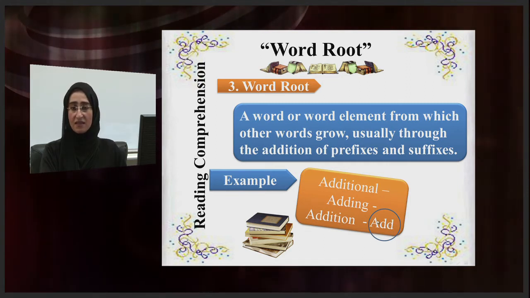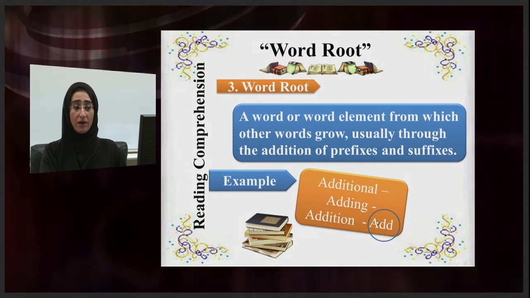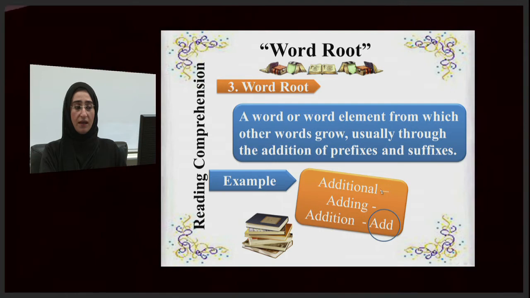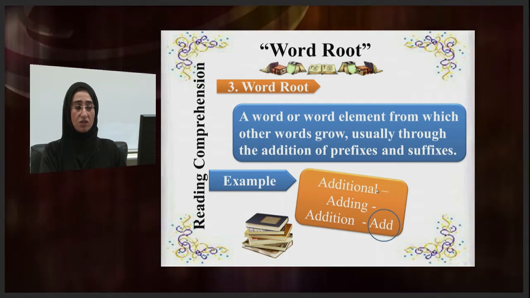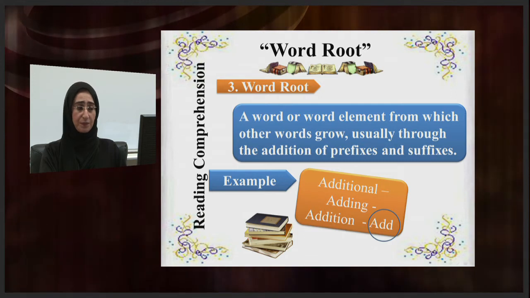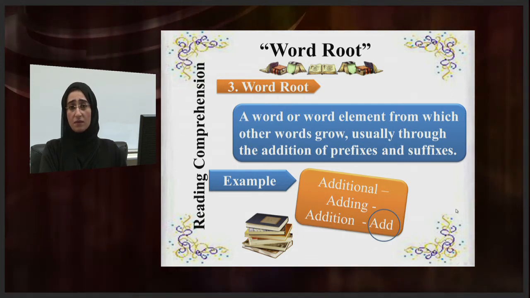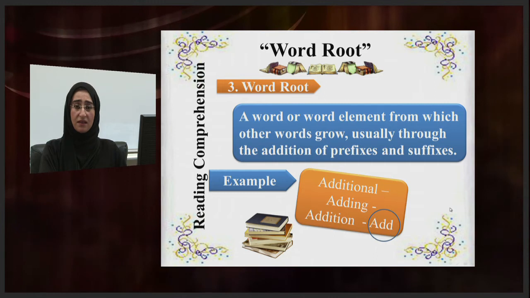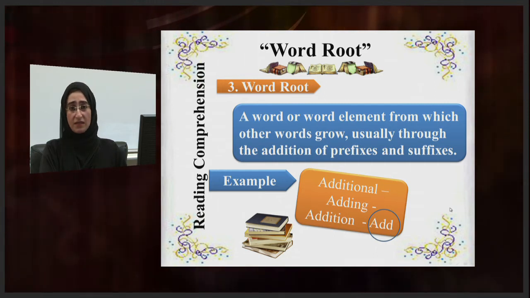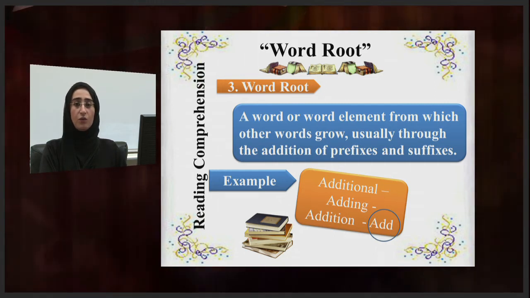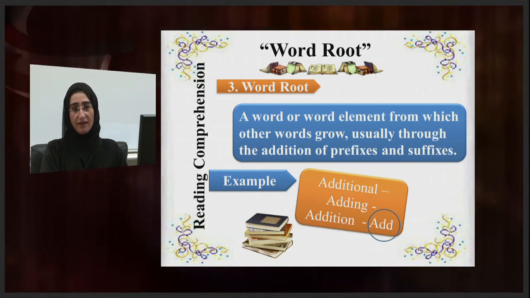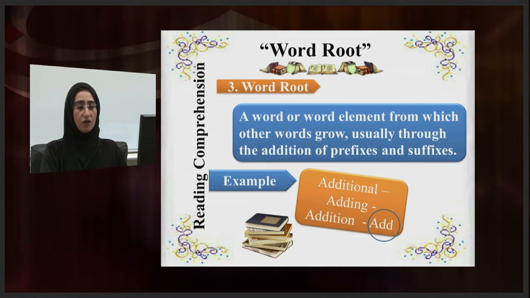So here add is the root of all these words: additional, adding, and addition. So one of the common questions that we face in the reading test is to find the root of the word, for example addition, and then they will ask you to find out what is the root.